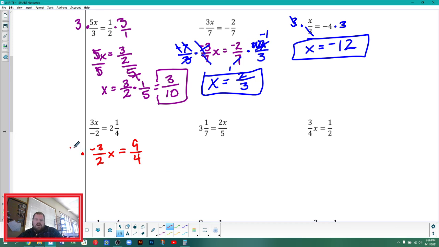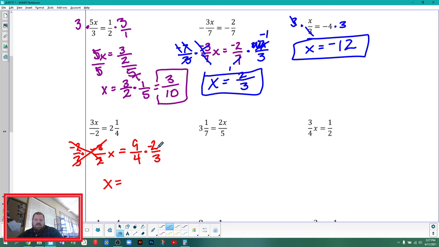Multiply both sides by a negative 2 over 3, multiplying by its reciprocal, and it is a negative. And so the 3's cancel, the 2's cancel, the negatives cancel, just leaves x equals, I can do some cross-reducing if I want to. Let's look at what happens if I don't.